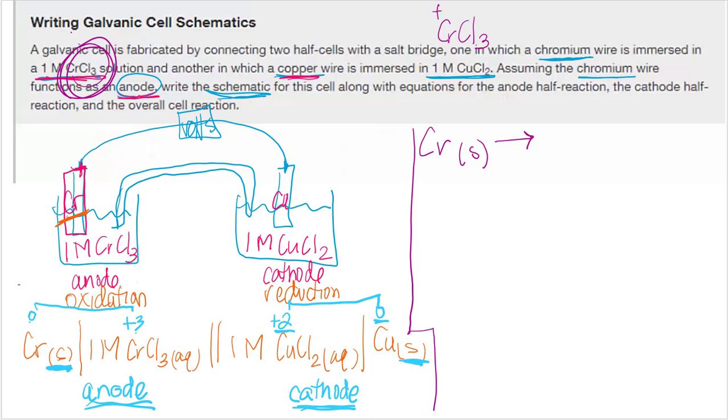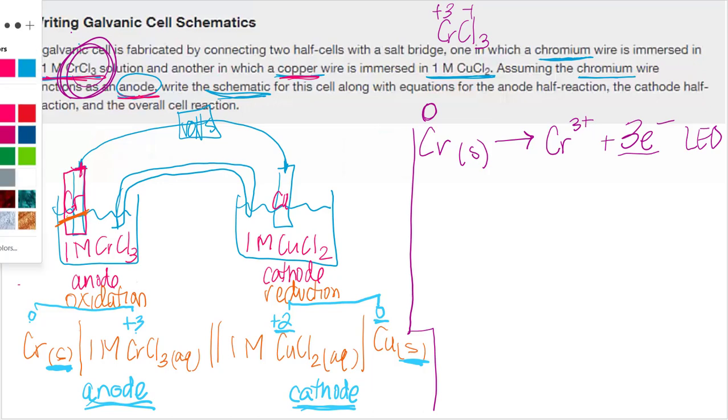This 3 came from the chromium plus 3, and chlorine is minus 1. So I've got Cr3+, and because I have 0 oxidation state for elemental chromium, if I have a +3 on this side, that means that I also need 3 electrons on the right. Losing electrons is oxidation. So we have 3 electrons on the right.